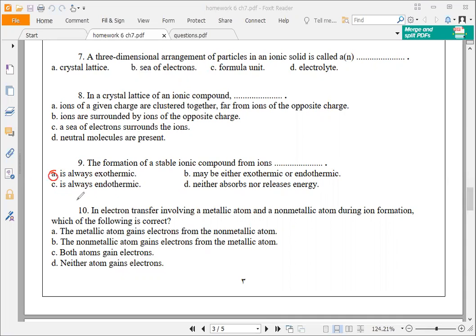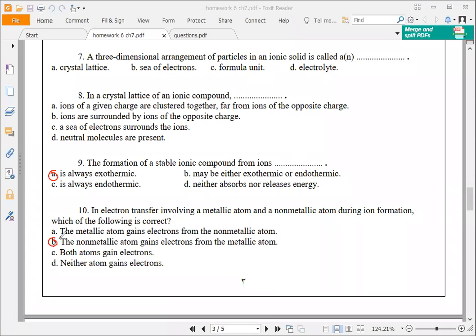Okay. Question 10. In electron transfer involving a metallic atom and a non-metallic atom during ion formation, which of the following is correct? B, the non-metallic atom gains electrons from the metallic atom. Okay. Excellent. May I answer question 7?